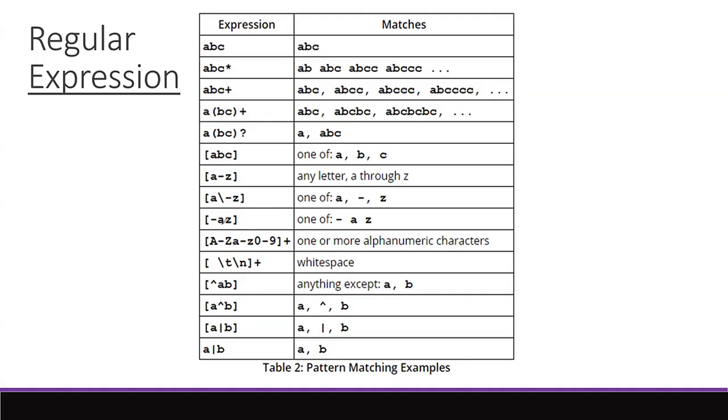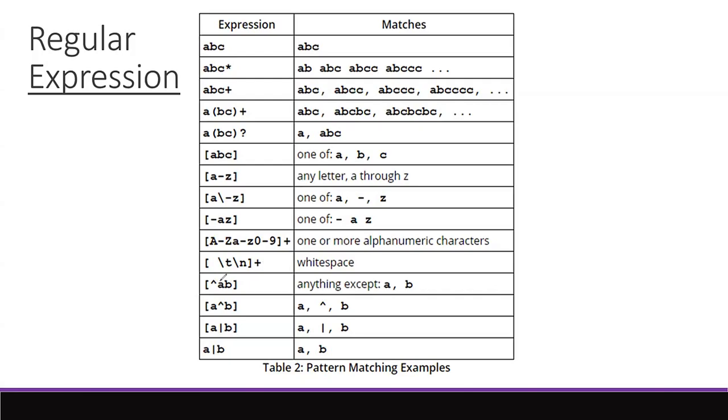Bracket minus AG means that you have one of the dash, A, and G. Bracket A-Z, a-z, 0-9 means one of the letter or digit, and you have one or more copies of it. Space, backslash t, backslash n are white space characters, one or more copies of them.